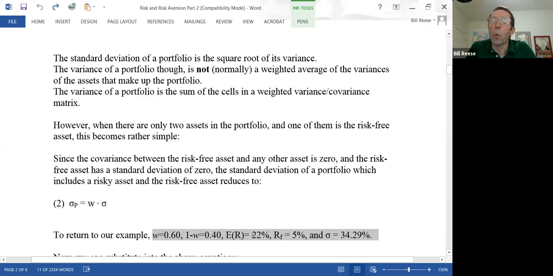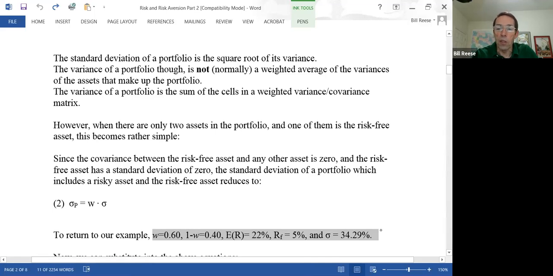What we're going to do is put 60% of our money into the risky asset and 40% of our money into the risk-free asset. Remember, our weights have to add up to 1, so that's what we're going to do. W is going to be the weight on the risky asset, and 1 minus W is going to be the weight on the risk-free asset because the weights have to add up to 1.